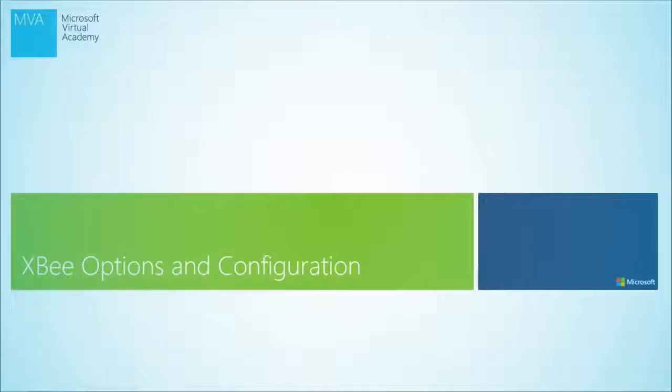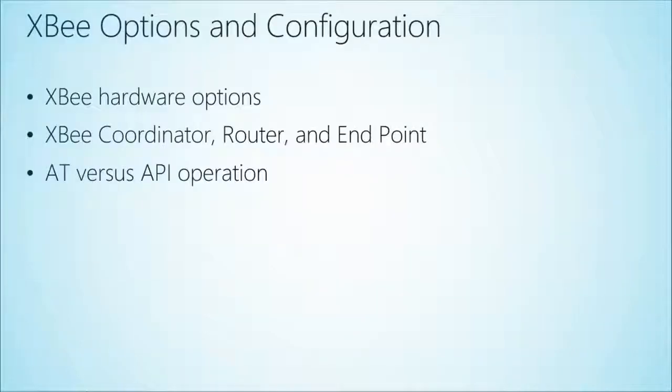Before we do that, we want to talk about some of the options and how you configure XBee hardware and then part of the operational aspects of XBee. So, Chris, you want to talk a little bit about what the XBee hardware options are? So, XBee is a company, right, that makes these RF modules.